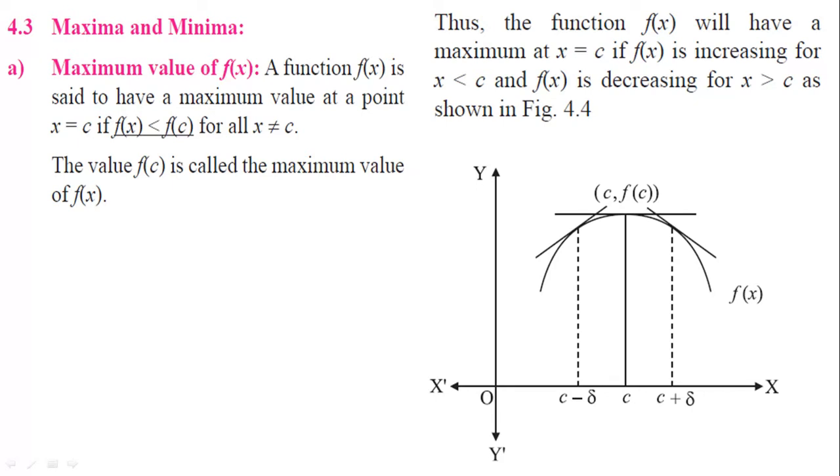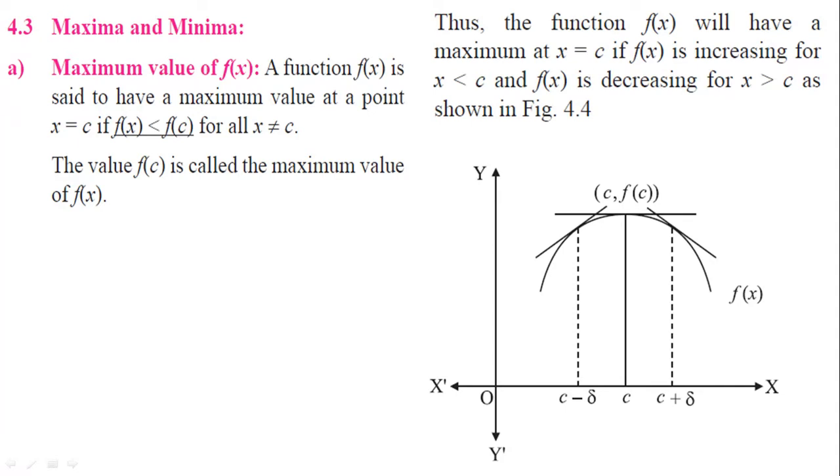Exactly at the point c you get the maximum value, and after that, when x is greater than c, the values are decreasing. From the graph you will understand that at the point x = c the function attains a maximum value. So this is the definition of the maximum value.